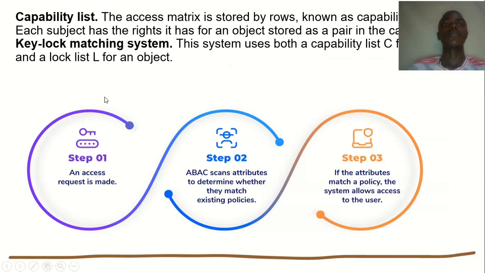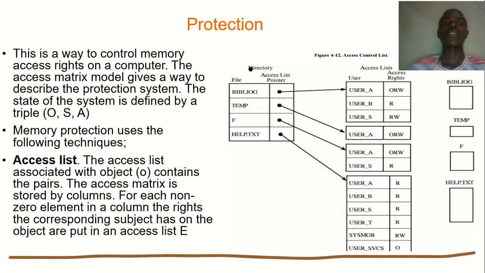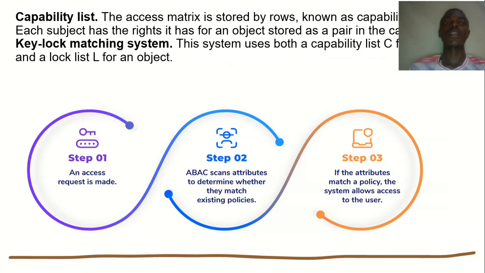This brings us to the capability list as one of the techniques used during memory protection. In a capability list, the access matrix is stored by rows, known as capabilities. Each subject has the rights it has for an object stored as a pair.